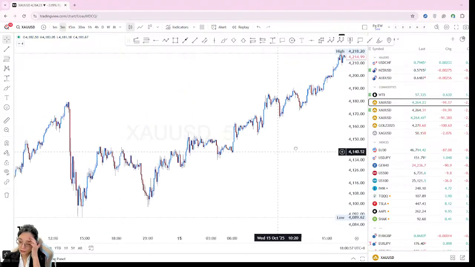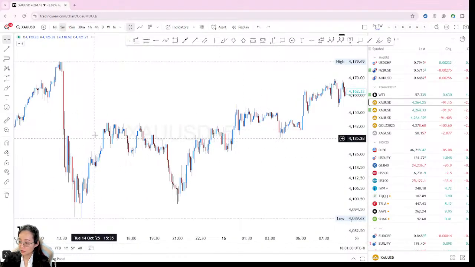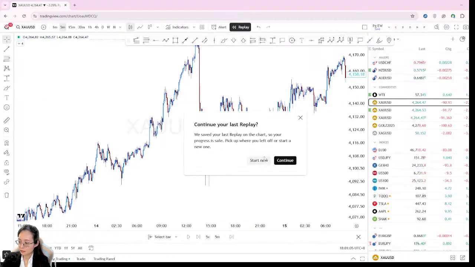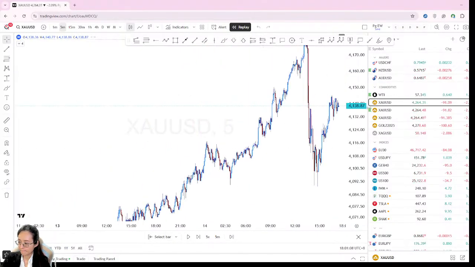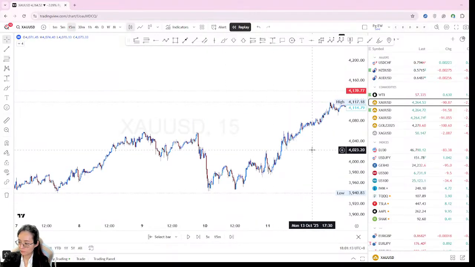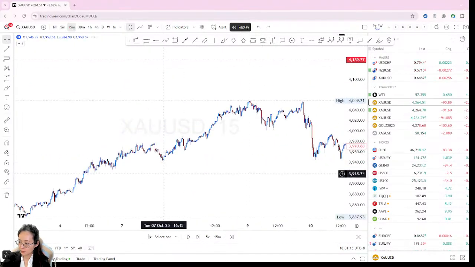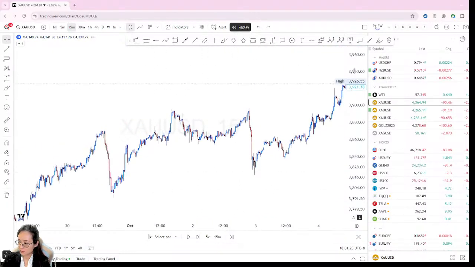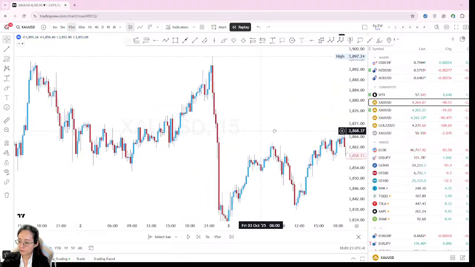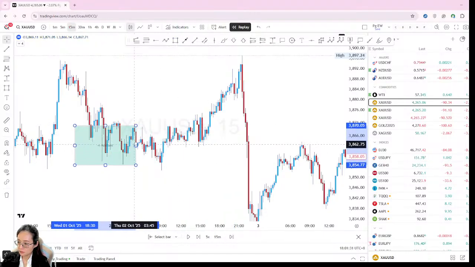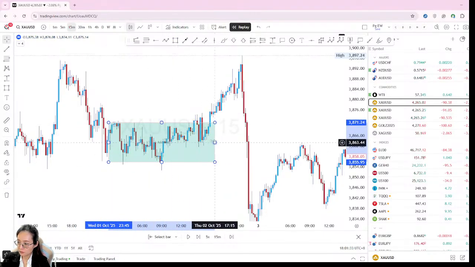Okay, let's just say here. Okay, based on M15, price was ranging here from this level.